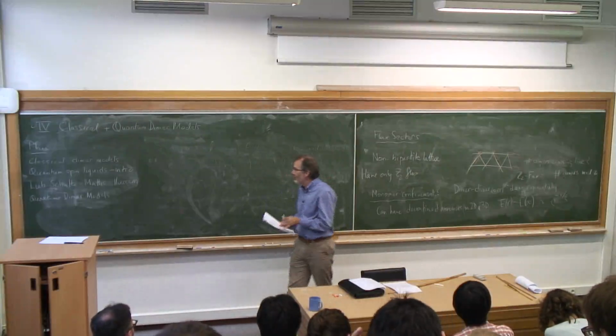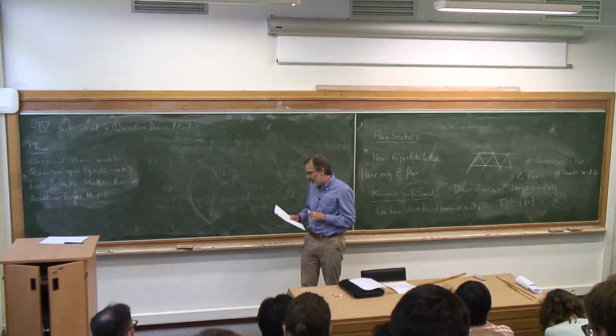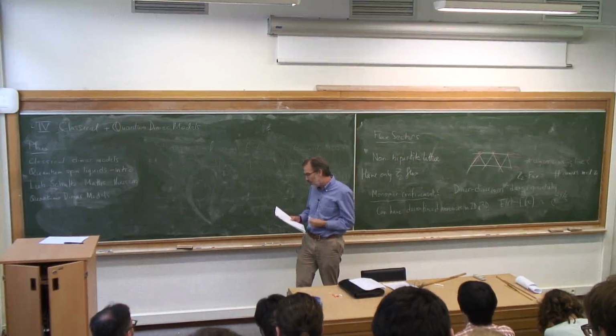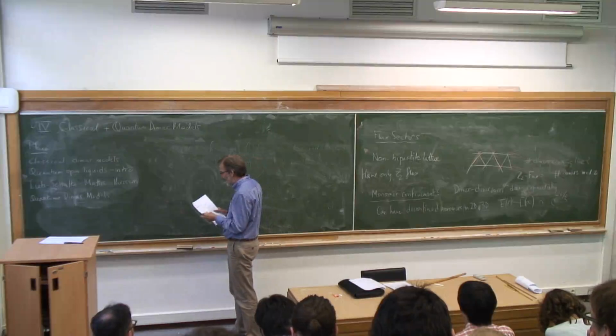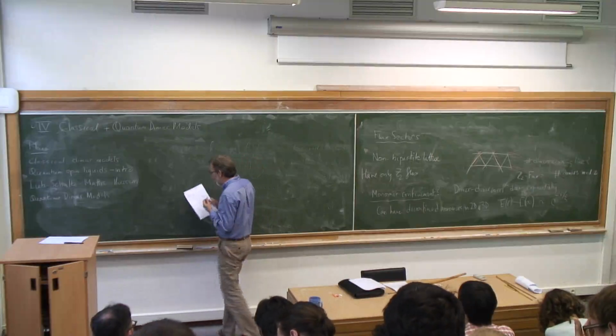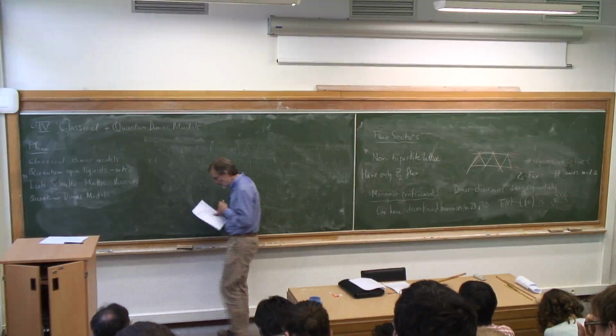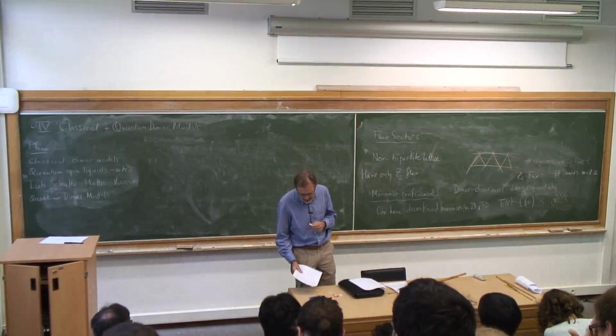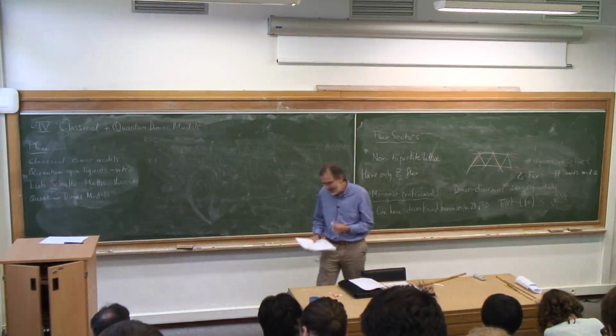Okay, so, firstly, just a couple of rather general points which perhaps could have gone in the first lecture if they'd fitted there. The first one is to do with the title of this lecture course.